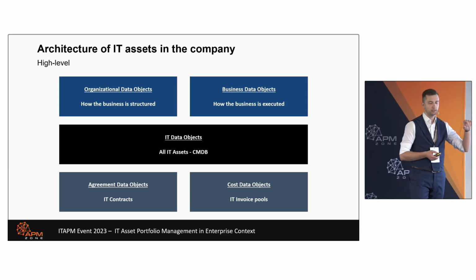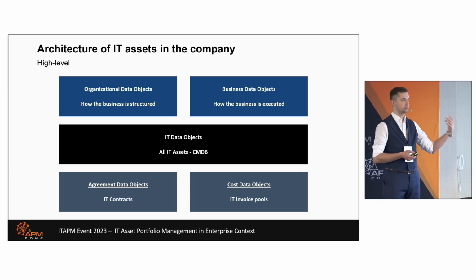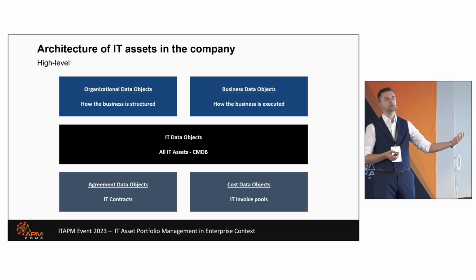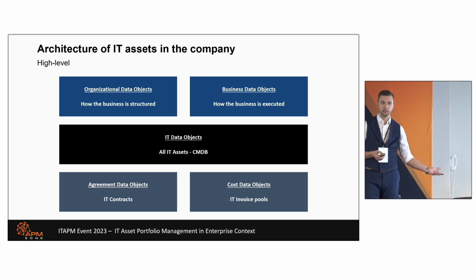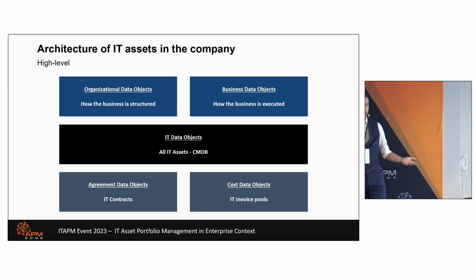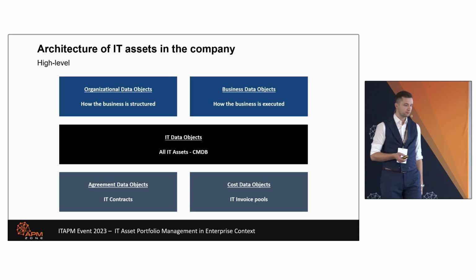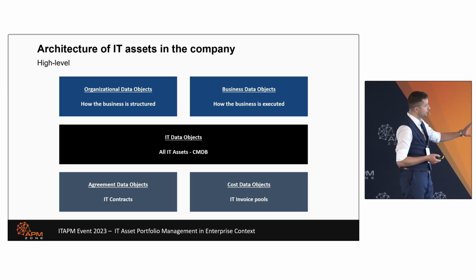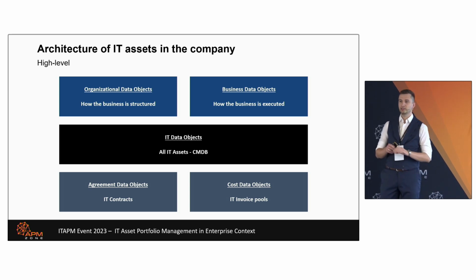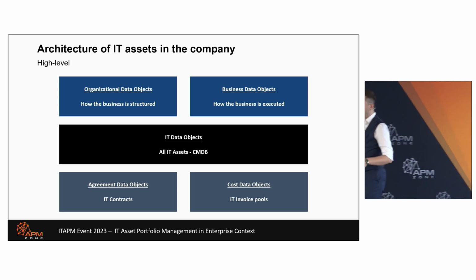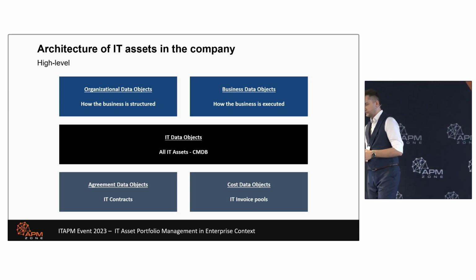Then the business data objects: how the business is executed. Because one thing is how the legal entities are set up, but a totally different question is how you are doing things. In between is the data objects layer, so all the IT assets, that's the CMDB, AMDB, whatever you name it.